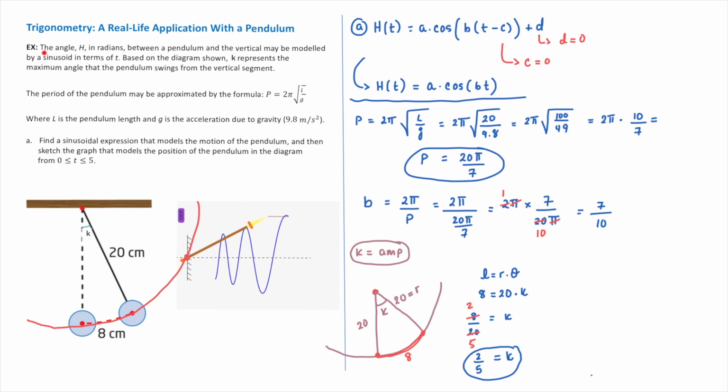Let's go back to the beginning of the problem. The angle h in radians between the pendulum and the vertical may be modeled by the sinusoid. Okay, but here, it is precisely here. Based on that diagram shown, K represents the maximum angle that the pendulum swings from the vertical.